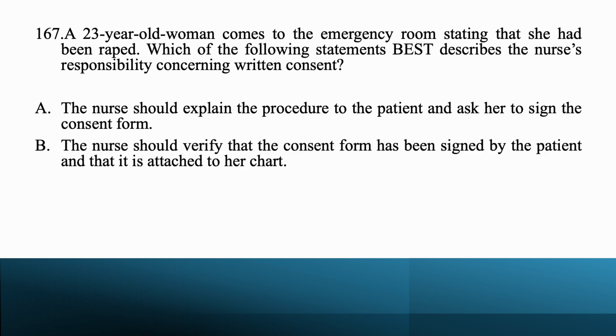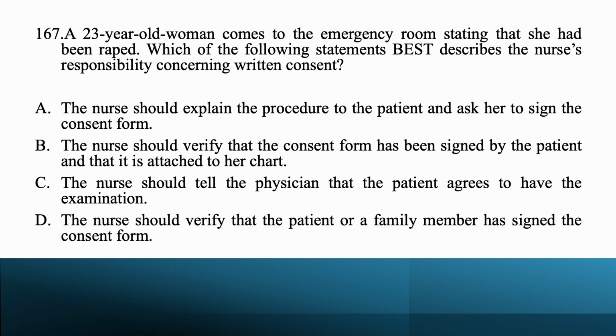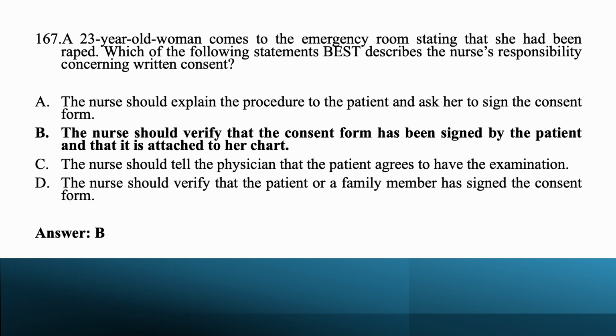Option B, the nurse should verify that the consent form has been signed by the patient and that it is attached to her chart. Option C, the nurse should tell the physician that the patient agrees to have the examination. Option D, the nurse should verify that the patient or a family member has signed the consent form. The correct answer is option B, the nurse should verify that the consent form has been signed by the patient and that it is attached to her chart.